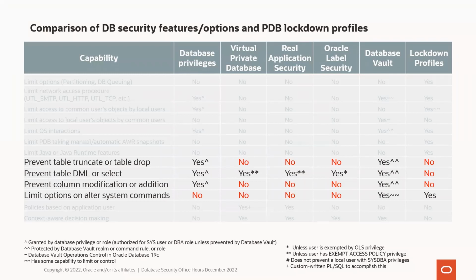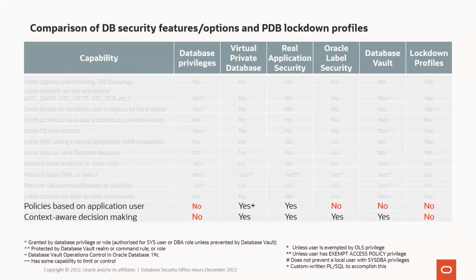We're not talking about PDB lockdown profiles preventing truncate of table or DML select commands. That's focusing on the infrastructure, where we can utilize Database Vault, Label Security, RAS, VPD, or just plain database privileges for those capabilities.